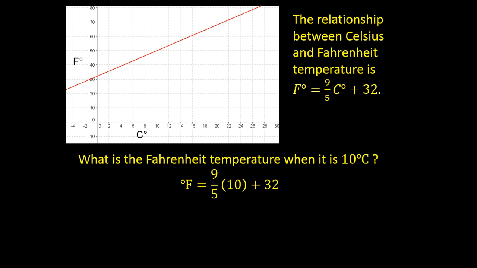So we can substitute the 10 in the equation for the C and solve for the F. And we'll find that the Fahrenheit temperature is 50 degrees when it's 10 degrees Celsius. If you look at the graph, you can see that relationship as well. When it's 10 degrees Celsius, it's 50 degrees Fahrenheit.